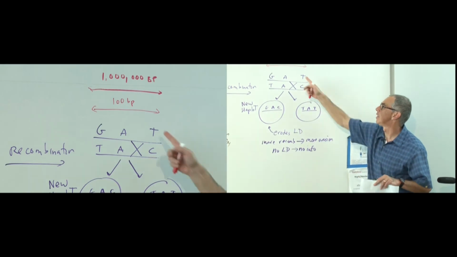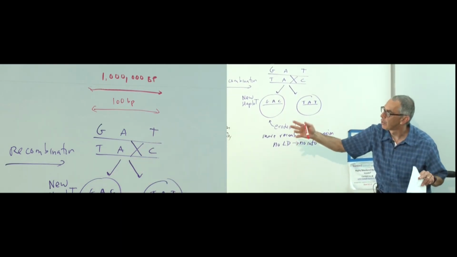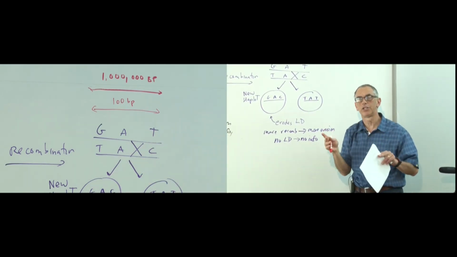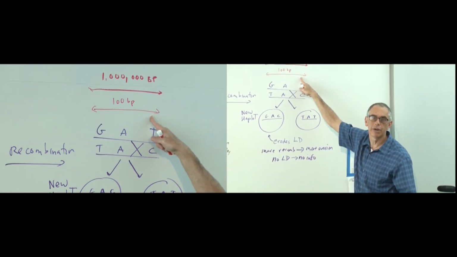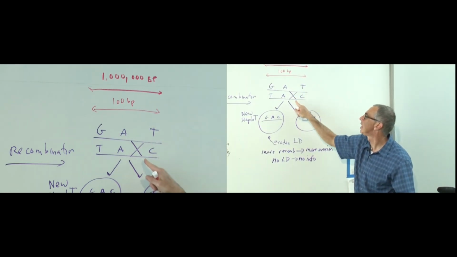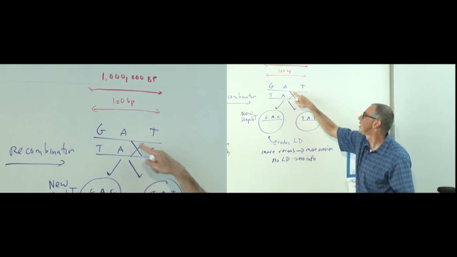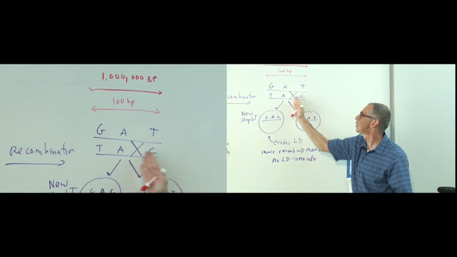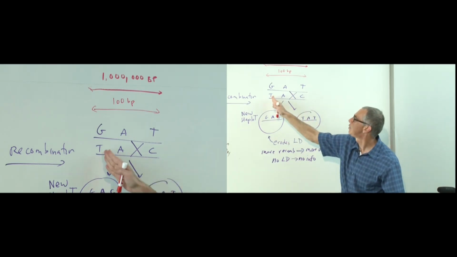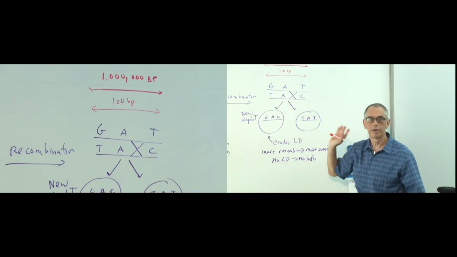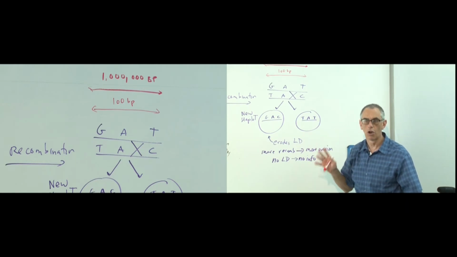If it's 100, and if I have 30 to 100 recombinations per generation, this will survive for many, many generations without ever having the kind of unlucky event of a recombination in this stretch of 40 or 50 bases. And therefore, the LD between this guy and this guy will remain intact for long, long periods of time, many, many generations.